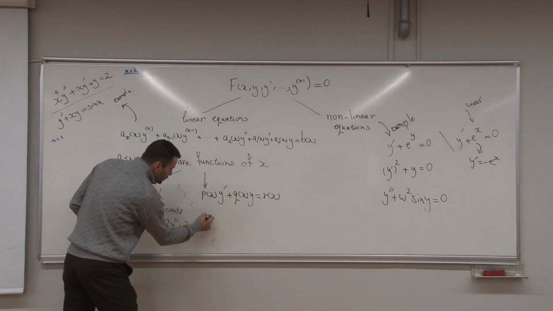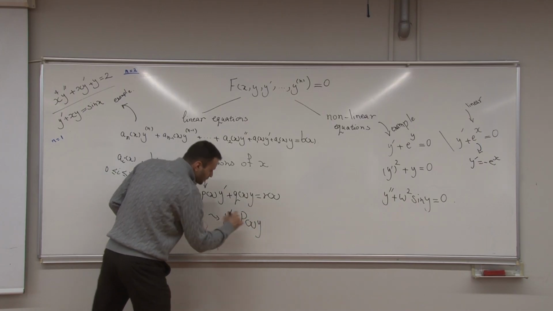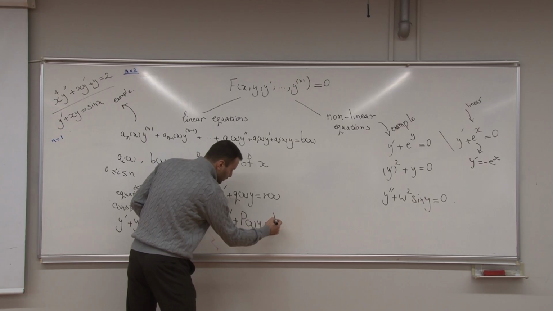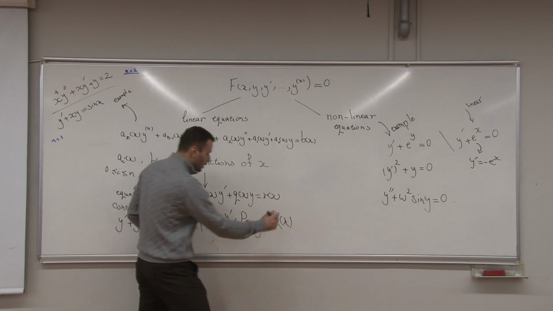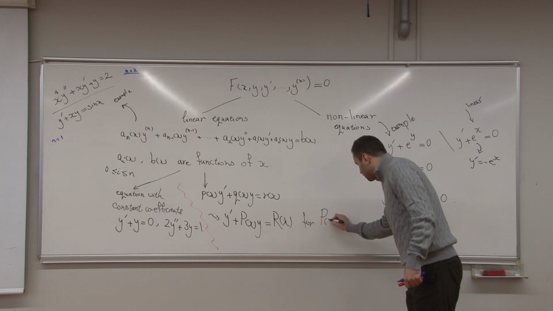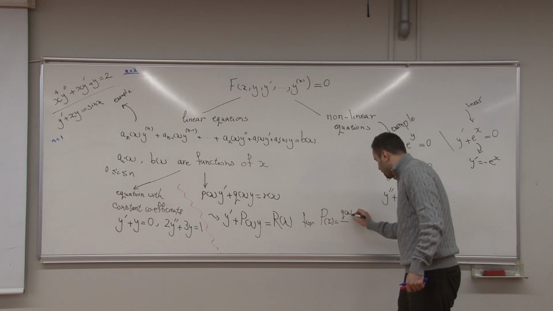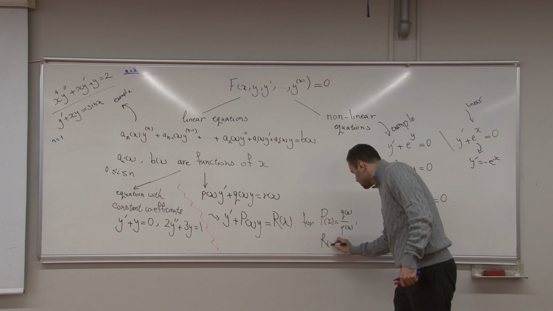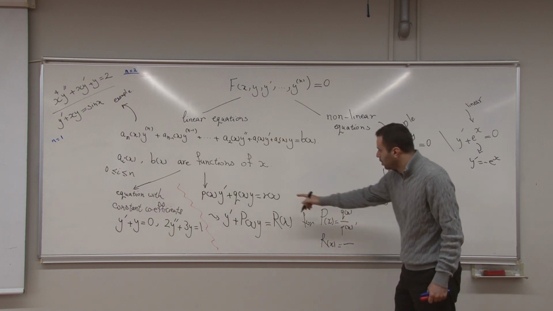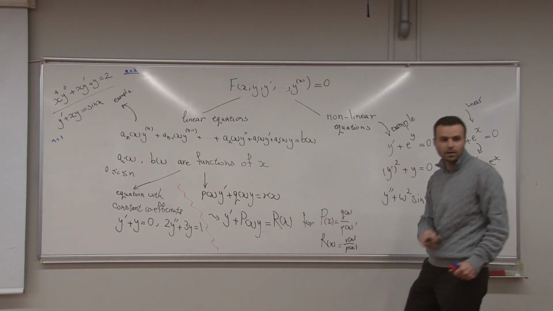We can also write this equation as y prime plus P of x y equal to R of x, for this capital P of x being equal to q of x divided by p of x, and capital R of x being equal to small r of x again divided by p of x.